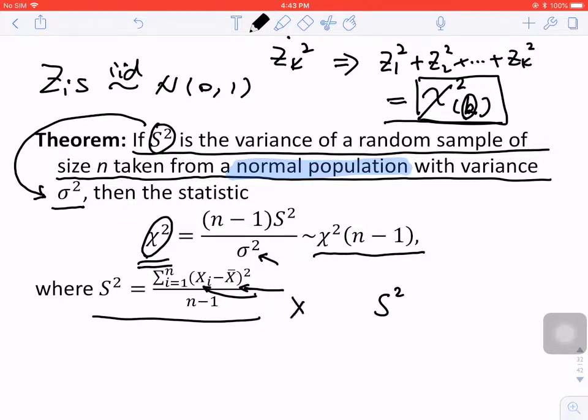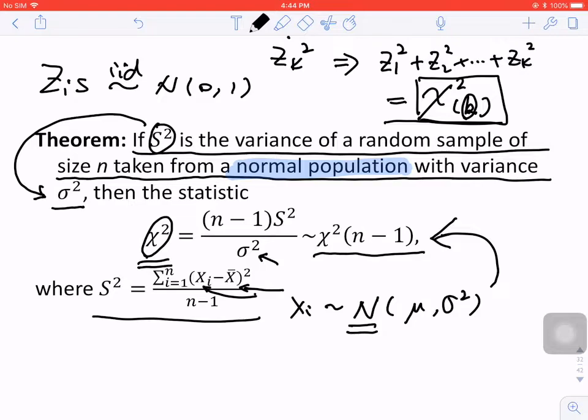The xi are drawn from the original population, the original distribution. So this has to be normal, and based on this, you can have this theorem hold. If you do not know the distribution of xi, you will not have this conclusion.